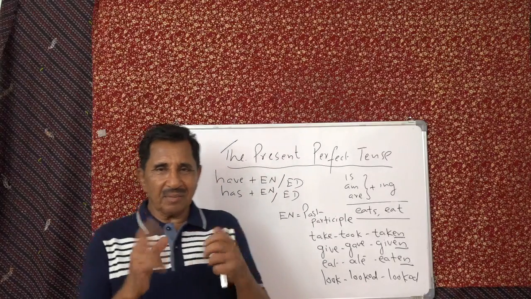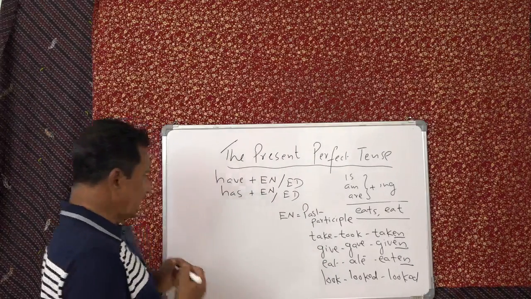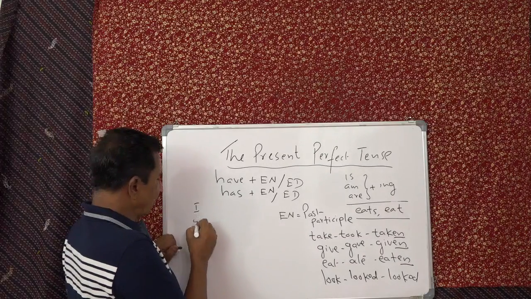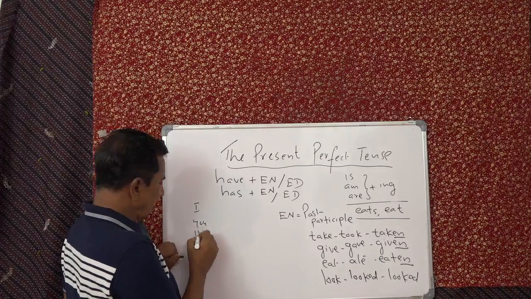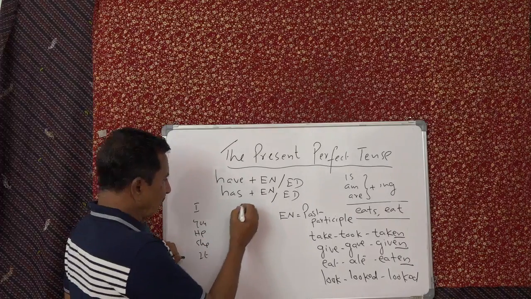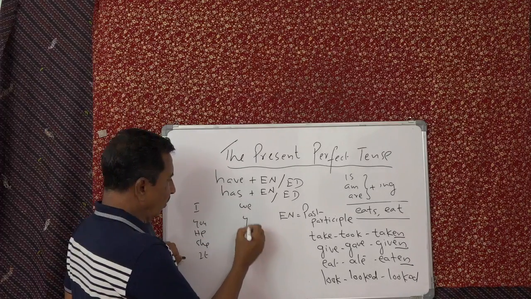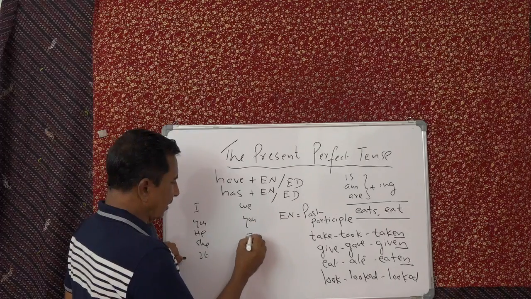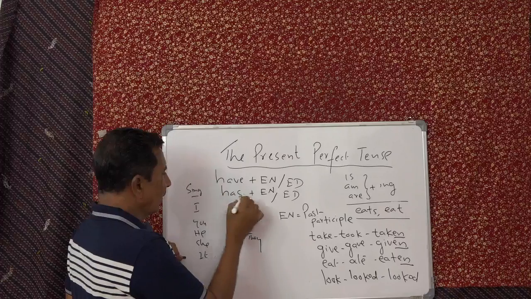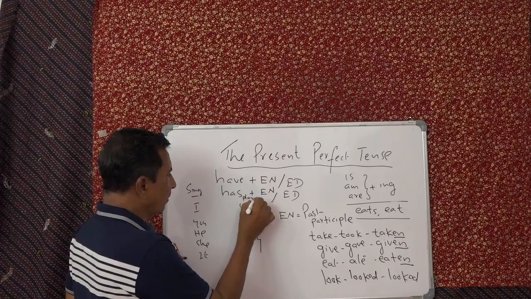And which are these subjects? We have seen first is I, then you, second person, he, she, it, we, you, plural, and they. Isn't it? This is singular and this is plural.